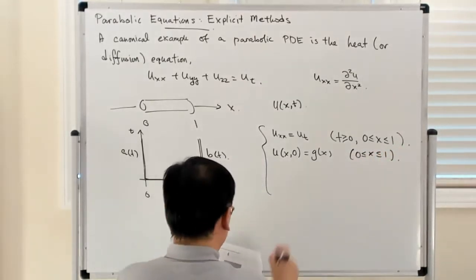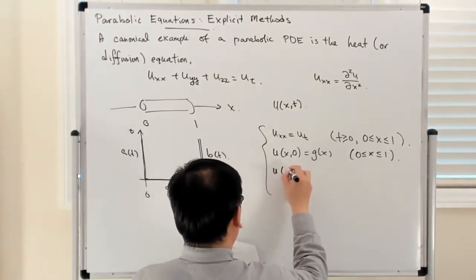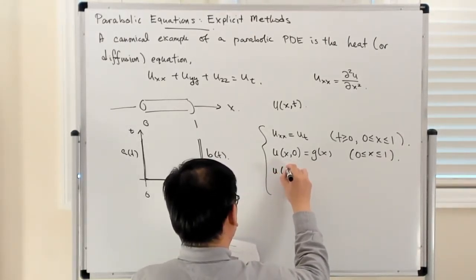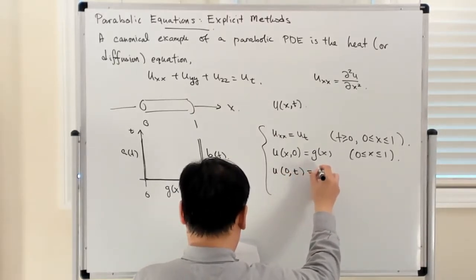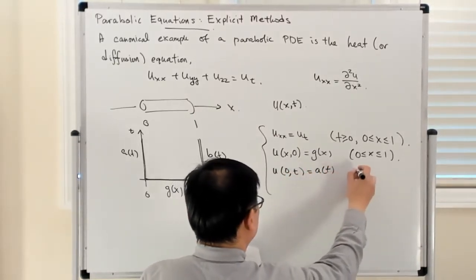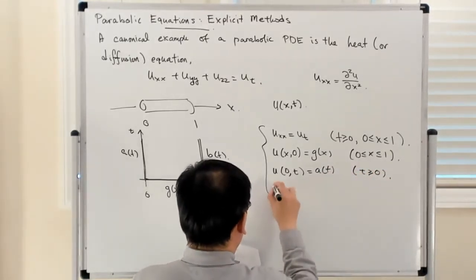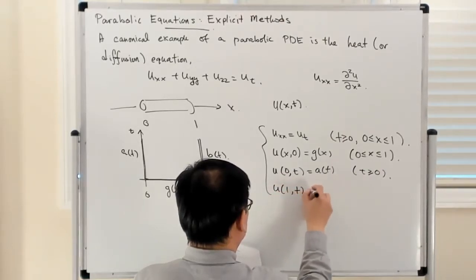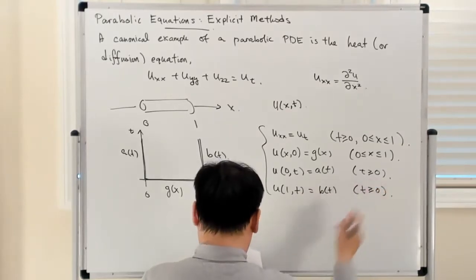Then we have the left and right conditions. So u(0, t) for all time is given by a(t), for t greater than or equal to 0, and u(1, t) is equal to b(t), t greater than or equal to 0.